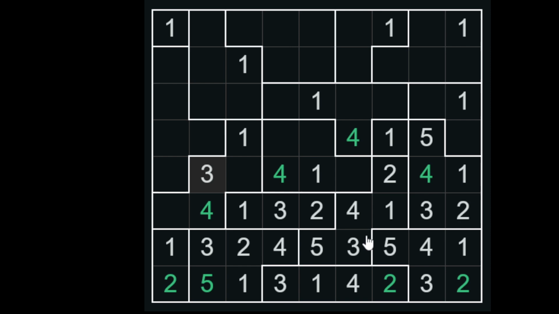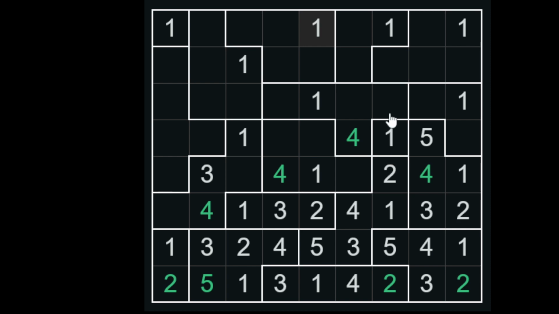And let's see. Then there was another one here that needed to be filled out anyway, so that's also another one, but we are going relatively fast here. This is a 2 or a 5. Cannot be solved yet.